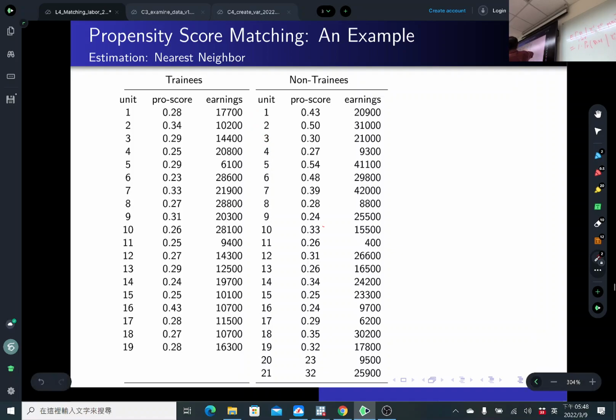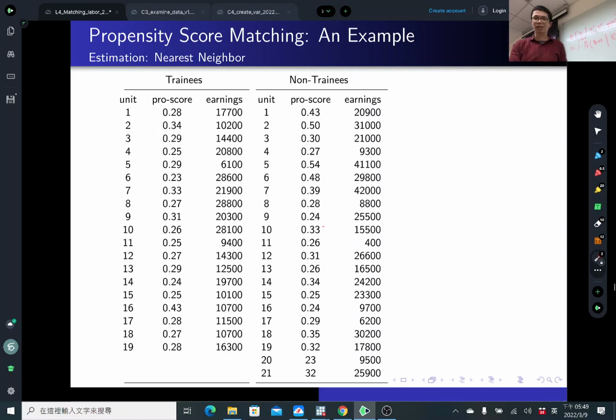This number summarizes whether these two individuals are close in terms of these k variables, because it is estimated from these k variables. So if they are similar, these k variables should be very similar between the two individuals.